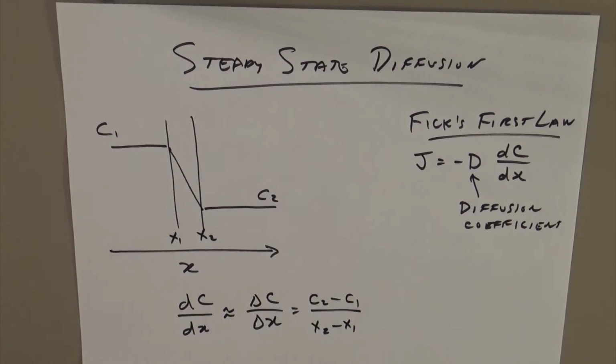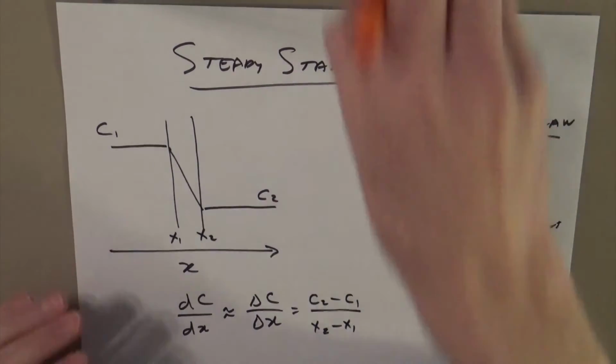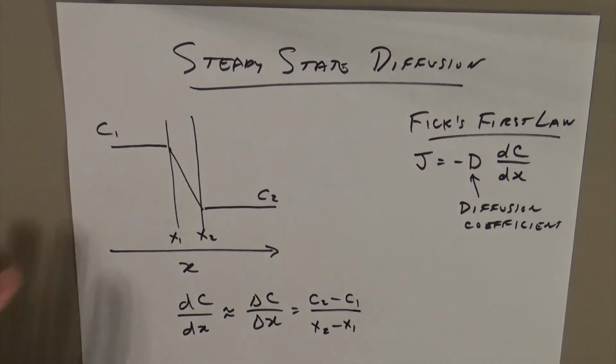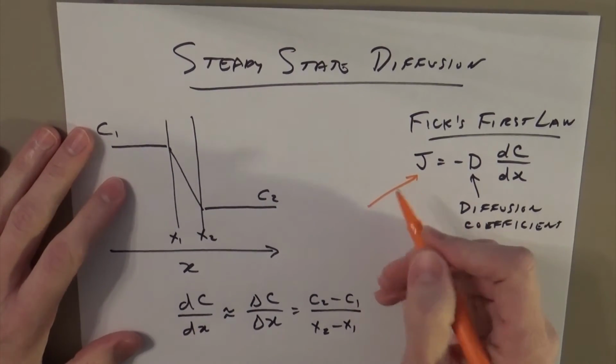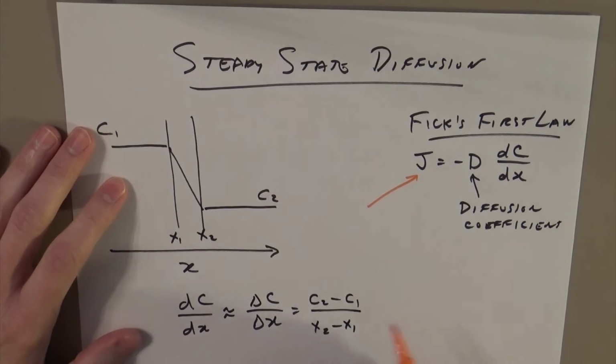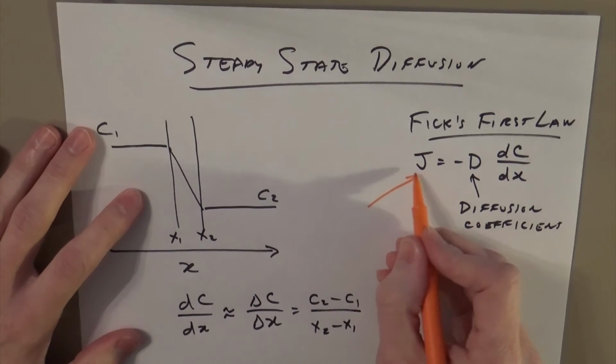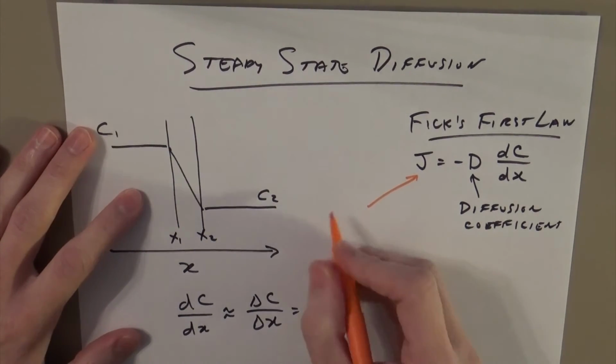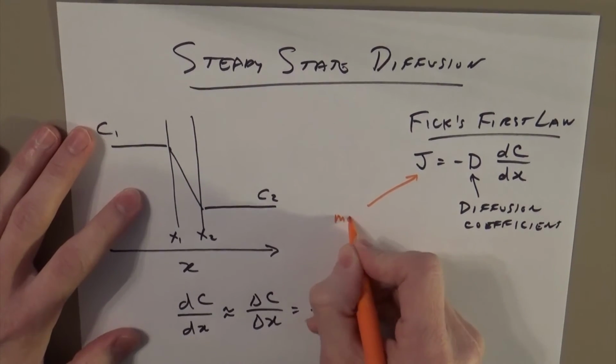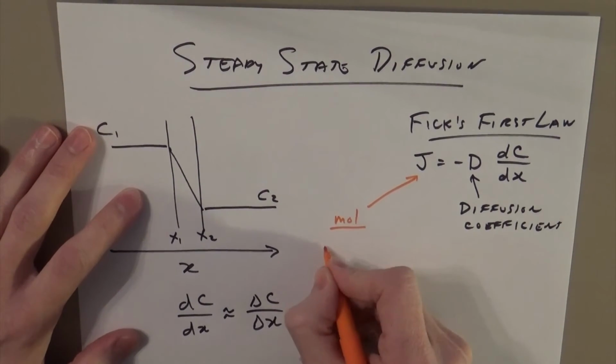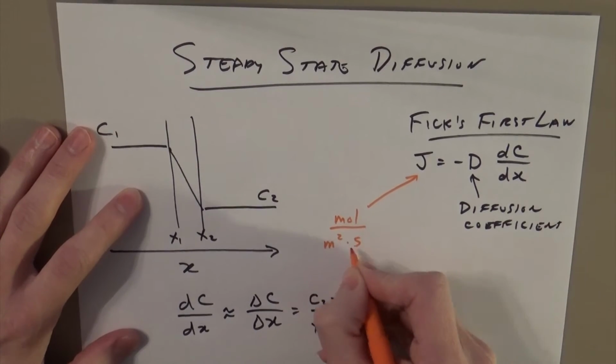If you look at the units, and again, unit analysis is something which we're going to use all the time in this class and the rest of your time at Washington State. We have flux, which is going to be mole per meter squared second.